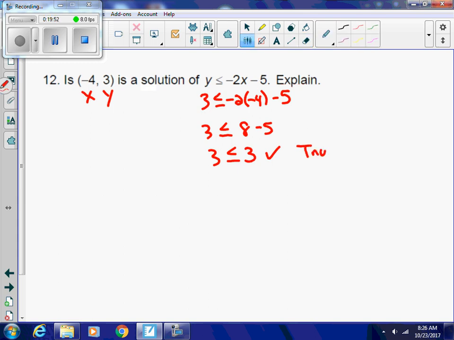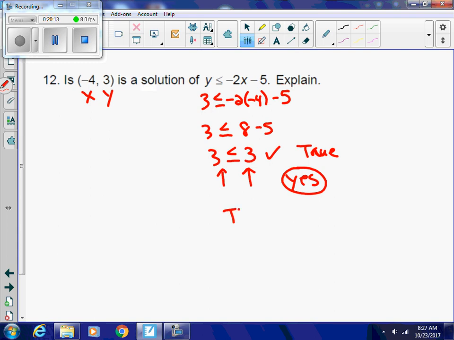So if it's true, I can't even write the word true here, true, then we know it is a solution. So the answer is yes. And why is it a solution? Because it satisfies this equation.